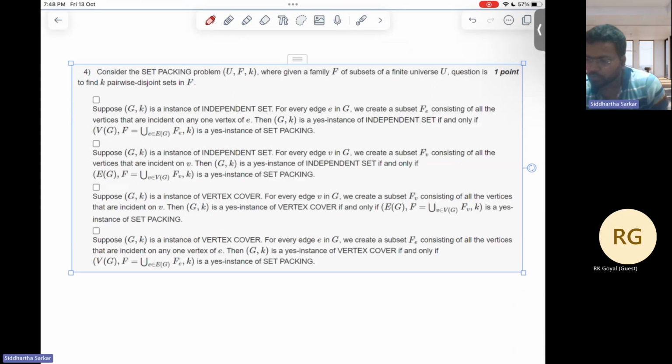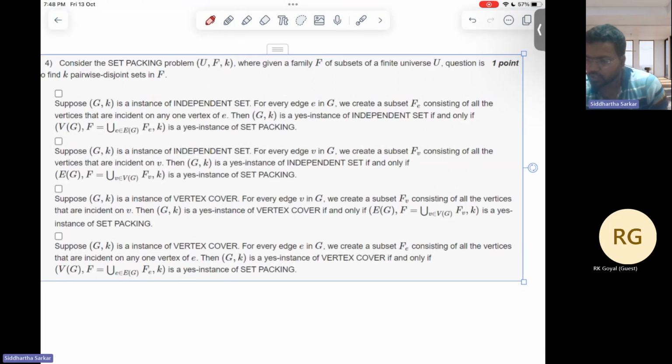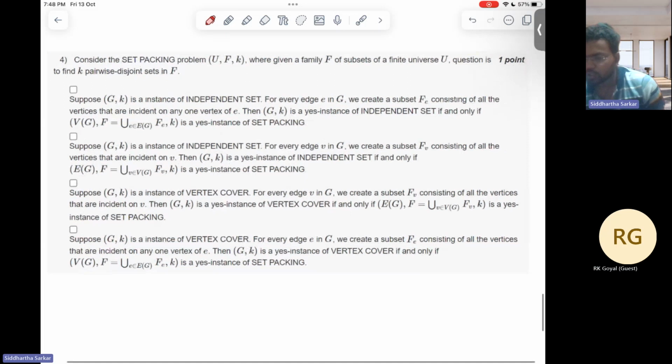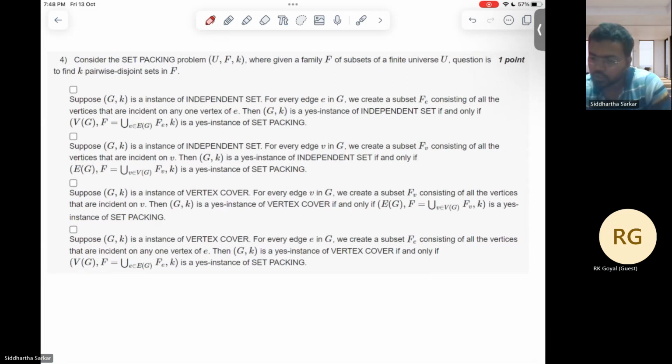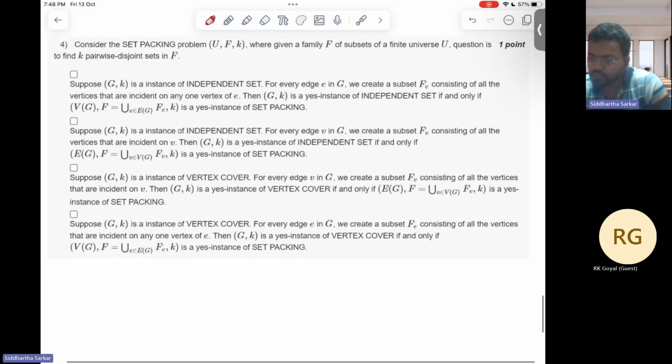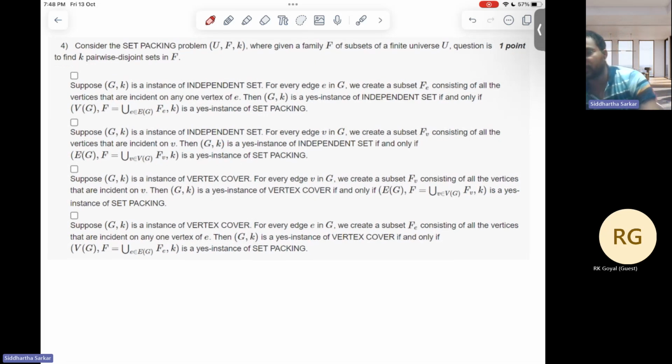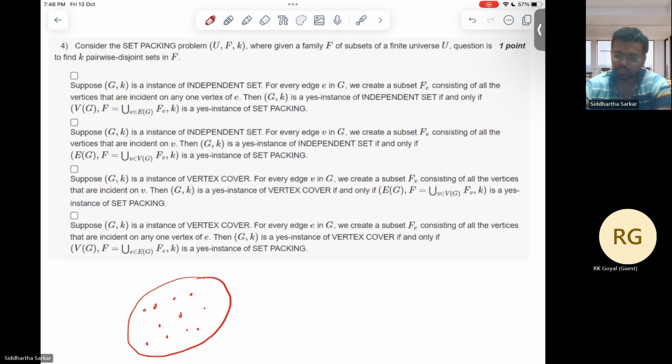So there are a couple of typos in this question. I'll just fix the typos on the go. So in the previous session, in the context of matroids, we have seen how set systems are defined. So we have a universe, a set of elements, let us say U. And from the universe, we create a family of sets.